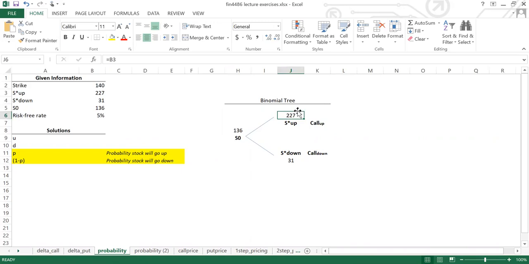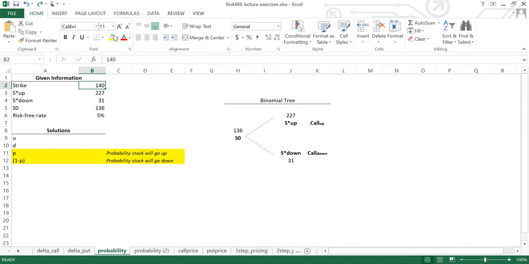Let's assume we know this. If the stock price goes down, it will go down to 31. Let's assume we know this, okay? Now, the call option, in this case, we're dealing with a call option. The strike is 140. We can see it right here.